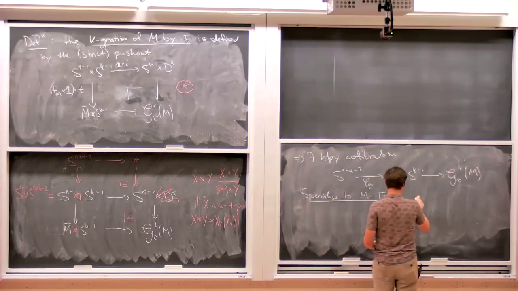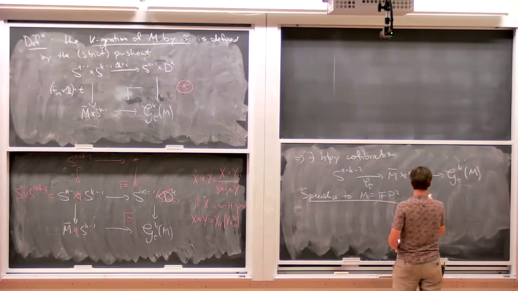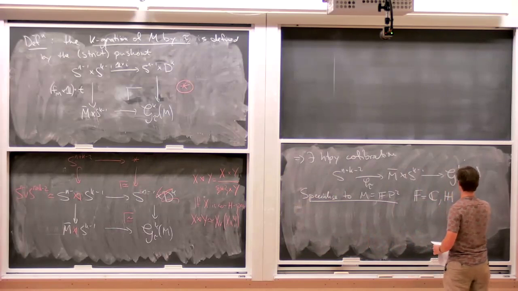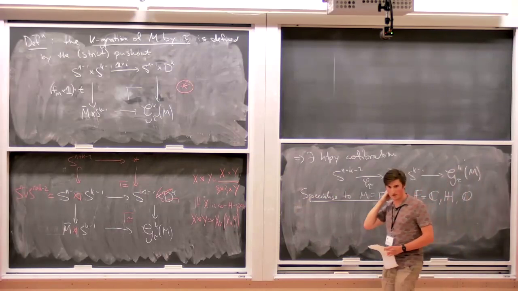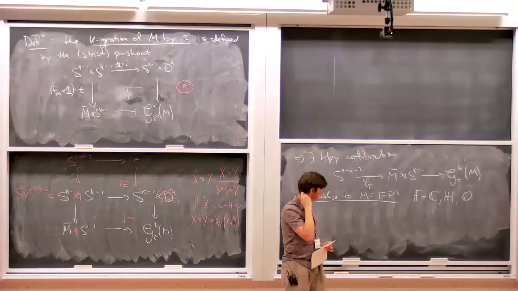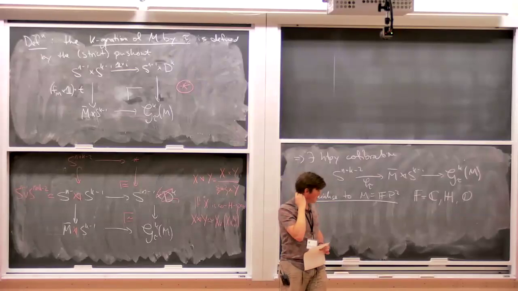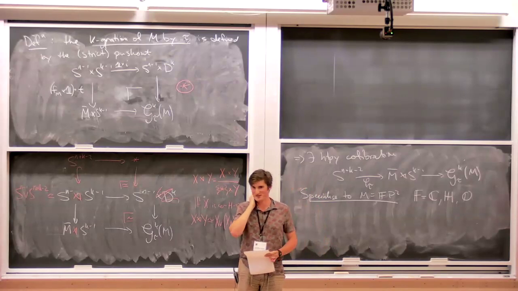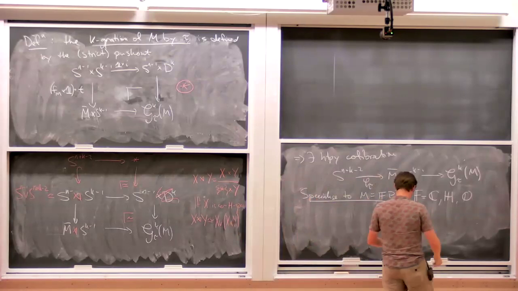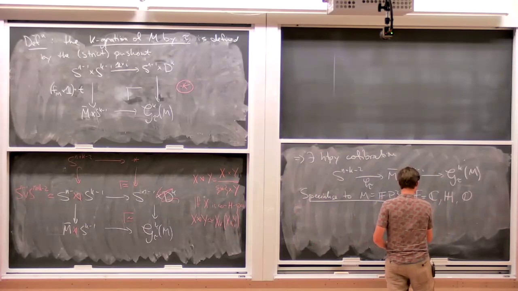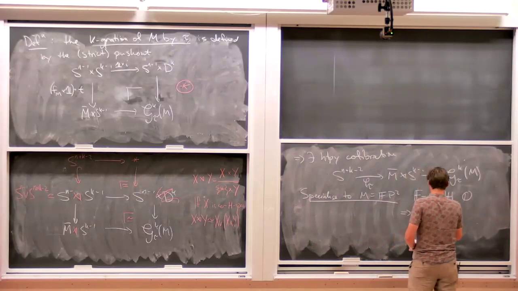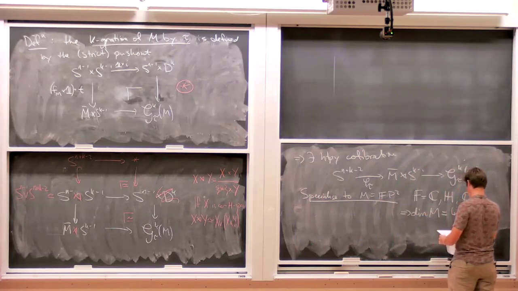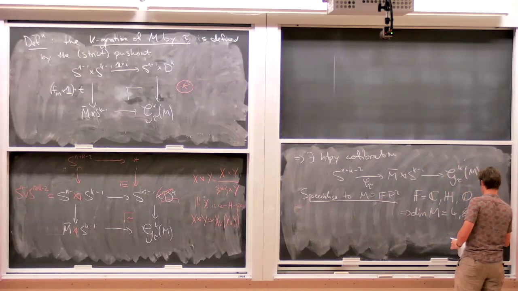So F here is the complex numbers. It's C, H, or O. We heard a lot about real projective spaces yesterday, but the real numbers don't exist today because RP2 is not simply connected. So respectively, the dimension of M is going to be 4, 8, or 16, right?